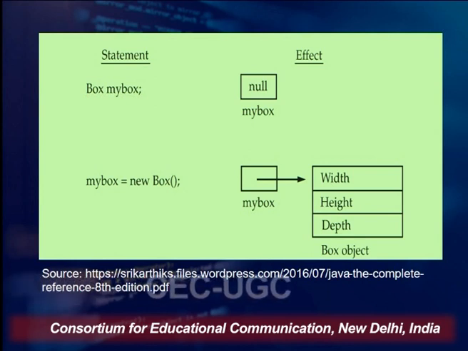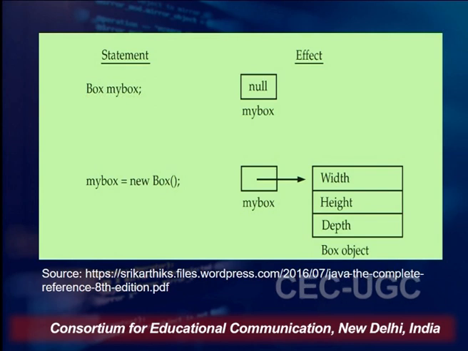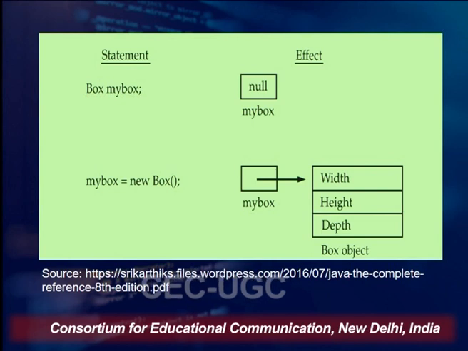After execution of the second statement, myBox = new Box(), there is going to be an object of the class Box, instantiated with the help of the new operator, and it is created in the same manner as the Box class is defined.